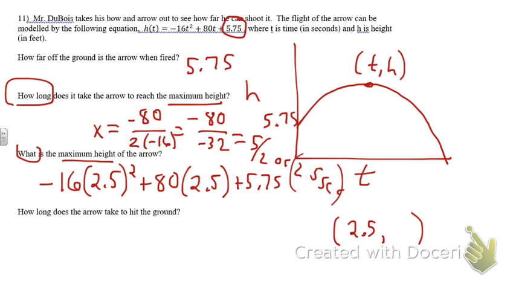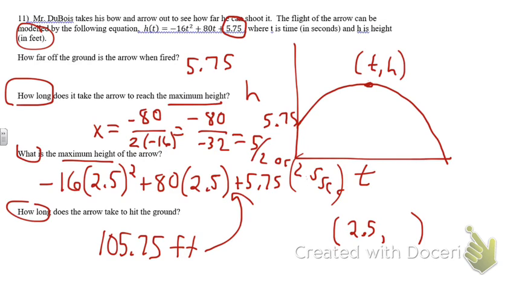Plus 80 times 2.5. And you get 105.75. If you do it as a fraction, that's fine. And it's worth checking the value, feet. So that is the maximum height of the arrow.